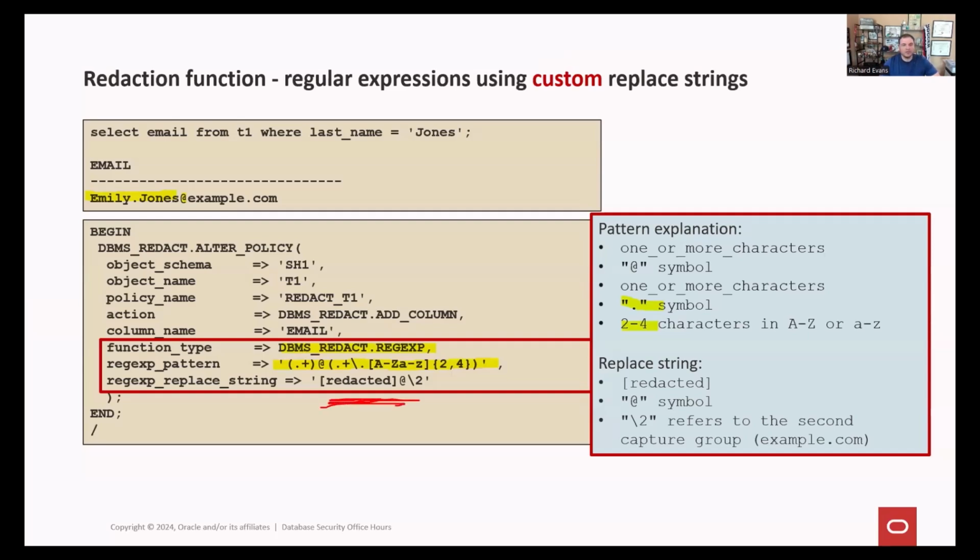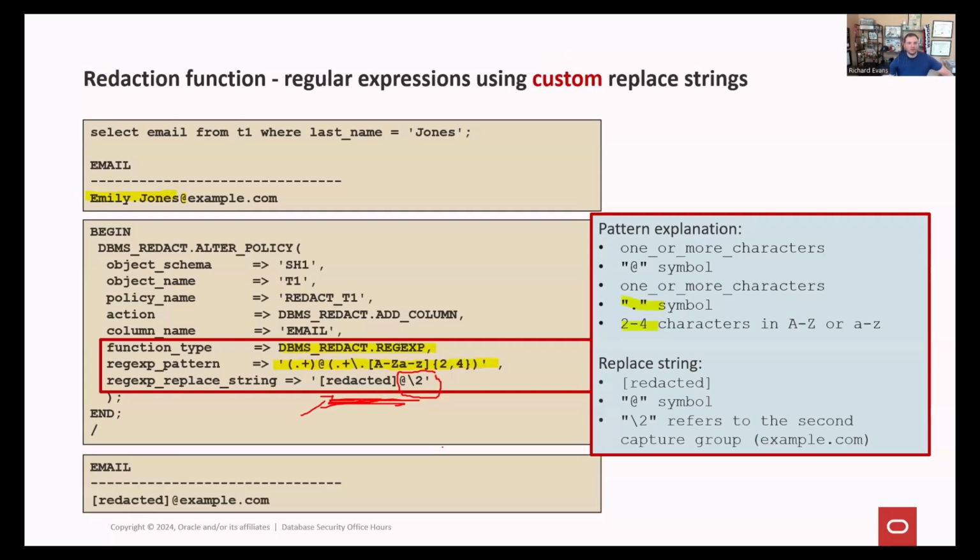We are dropping the word redacted in there, and then we are taking everything after the @ symbol and leaving it there. So our \2 refers to this second capture group, which in this example is example.com. It could be example.co.uk, could be oracle.com, whatever it is, we are grouping it together. So we leave it there as a part of the redacted output.